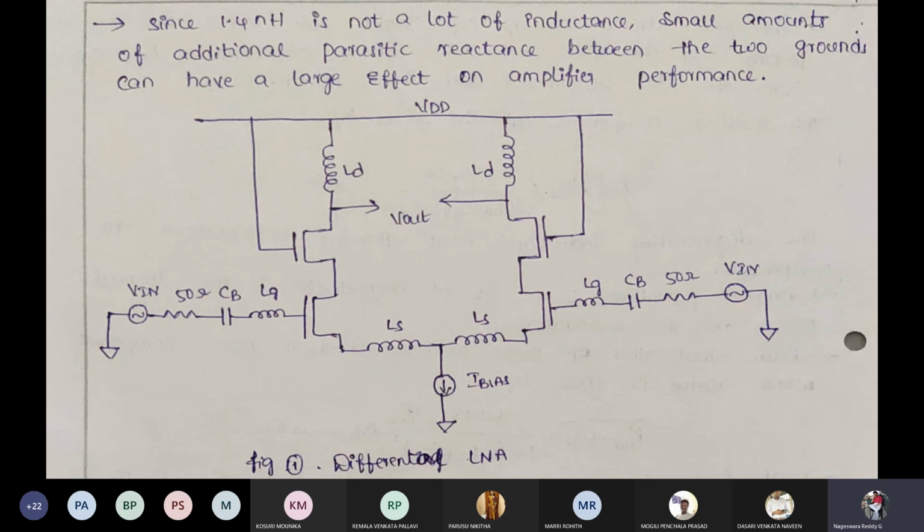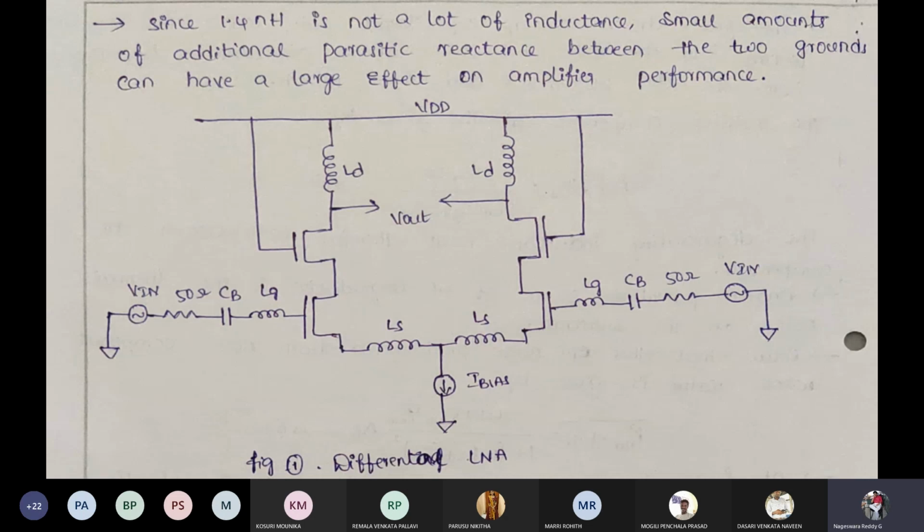Since 1.4 nanohenry is not a lot of inductance, small amounts of additional parasitic reactance between the two grounds can have a large effect on amplifier performance.